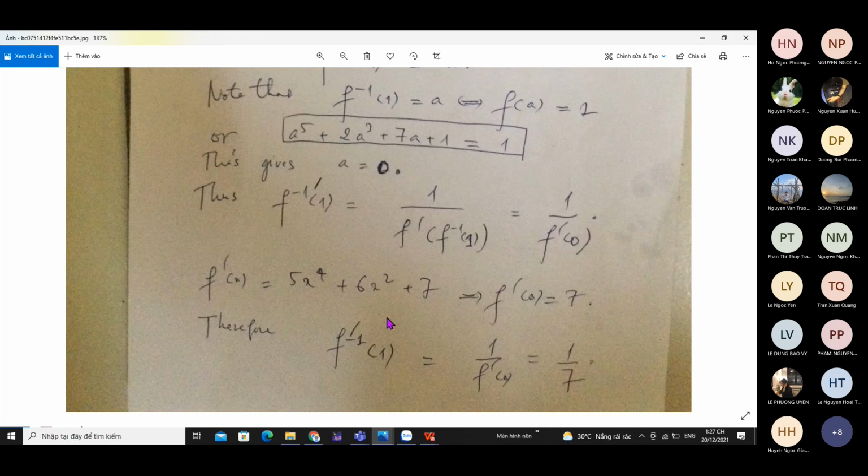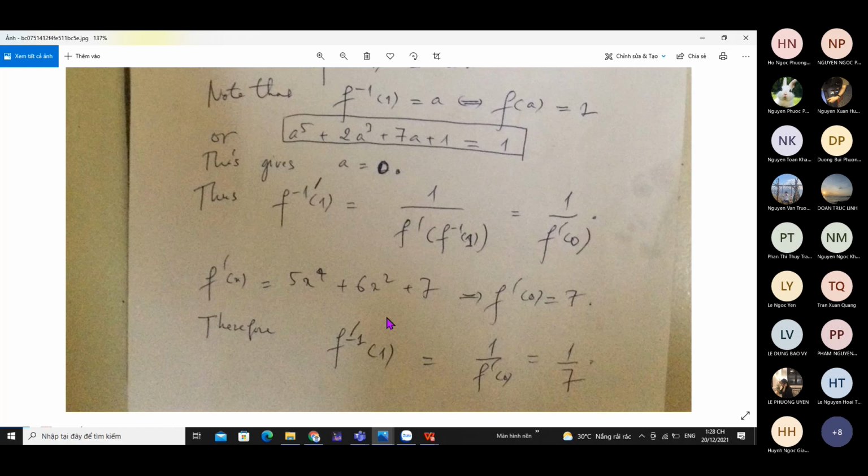Some students may ask me the following question. Maybe we have got another value for a. For example, when a equals 100, maybe f of 100 equals 1. It is impossible. You know why? Because f here is a one-to-one function. For each x value, you have got only one value f of x.